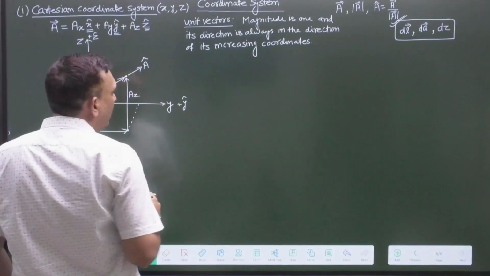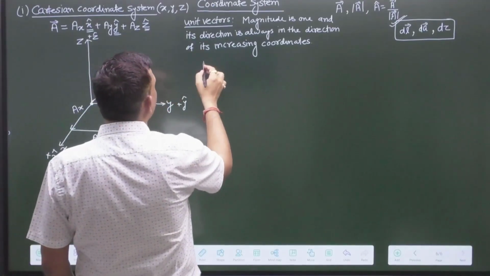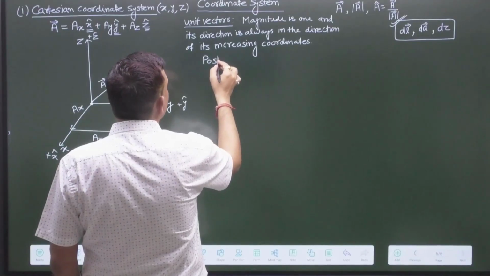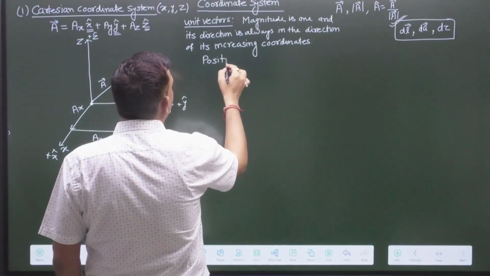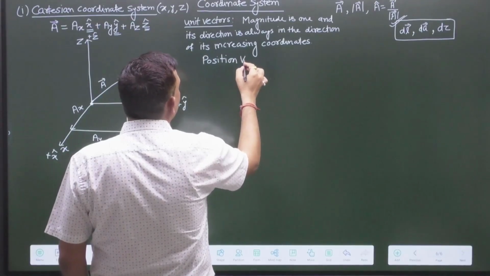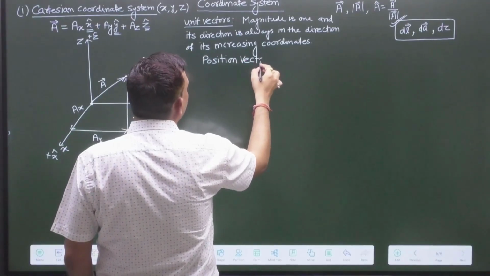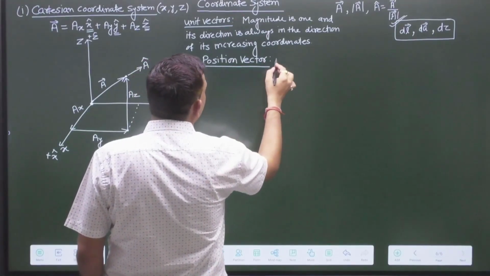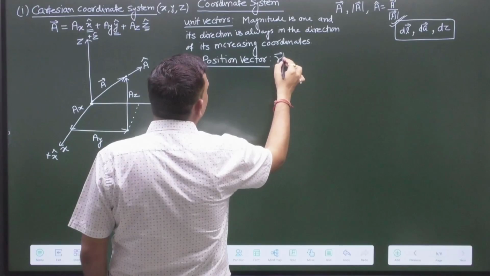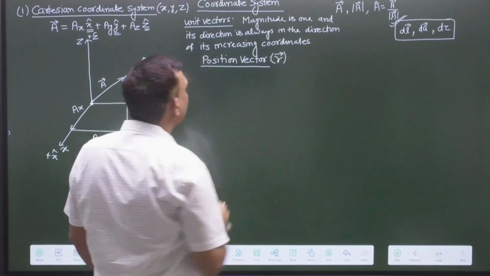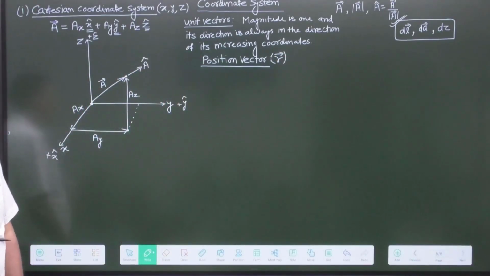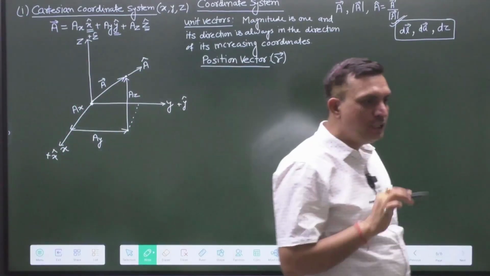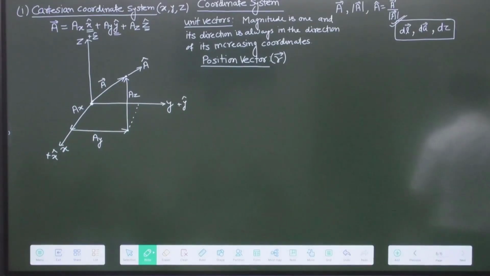So let us first define what the position vector is. The position vector is R. In vector notation, each point is represented by its position vector.